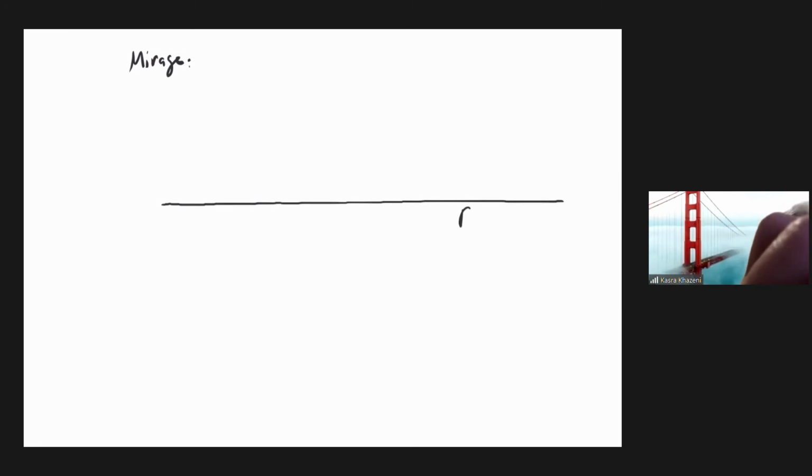Here's the road. Okay, I'm looking at it sideways. And of course, I am in my car, sitting here with my head like that, and my hands are like that. All right, and the road is hot.